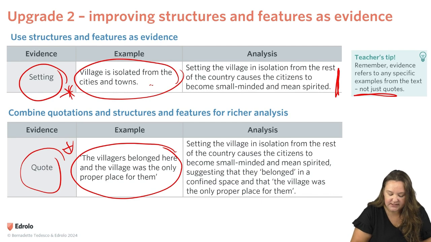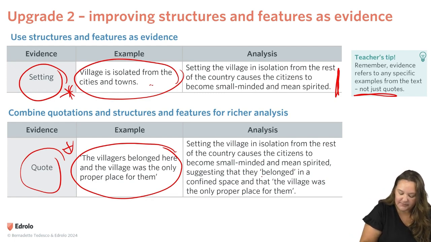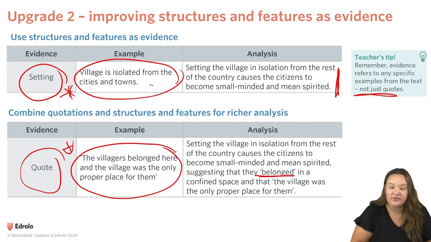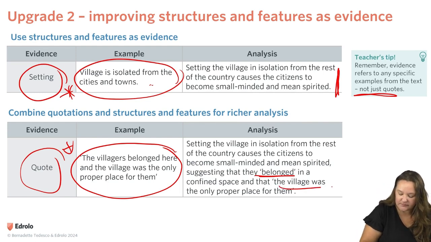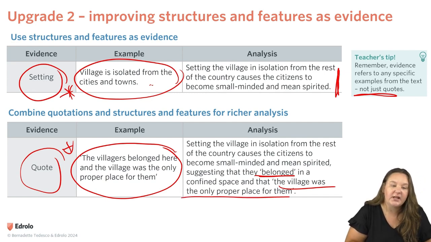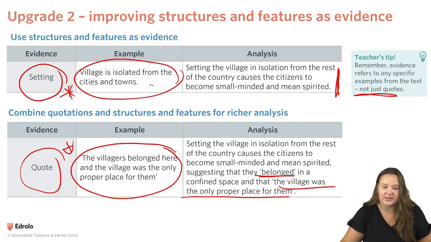Setting the village in isolation from the rest of the country causes the citizens to become small-minded and mean-spirited, suggesting that they belonged in a confined space and that the village was the only proper place for them. So I've used proof that the village was isolated and also proof of the impact of that isolation by combining setting and quotes as evidence.